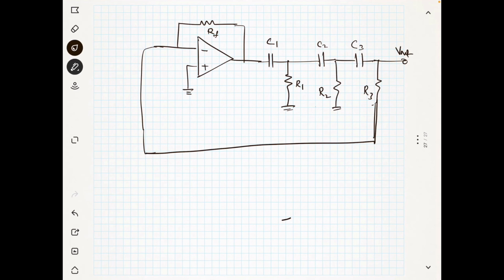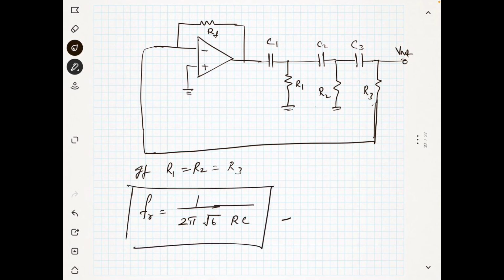Now the resonant frequency, if all the resistors are equal, R1 equal to R2 equal to R3, then the resonant frequency is given as 1 by 2 pi square root of 6 into RC. So this is the formula for finding the resonant frequency.